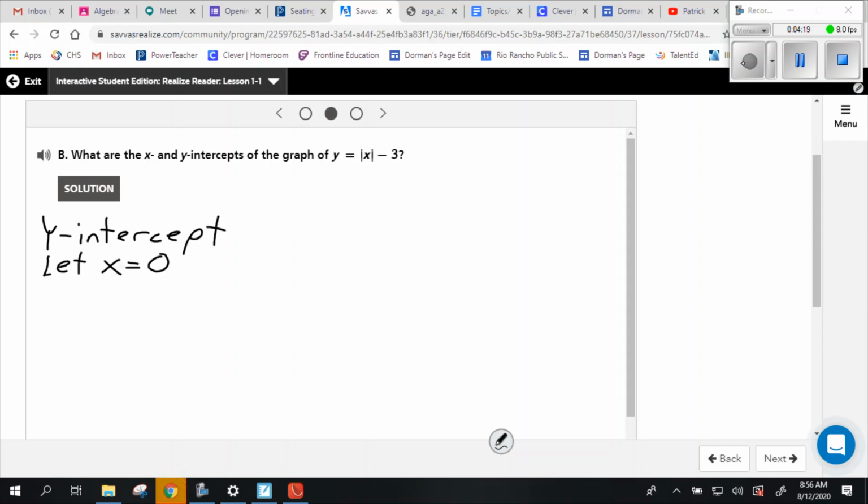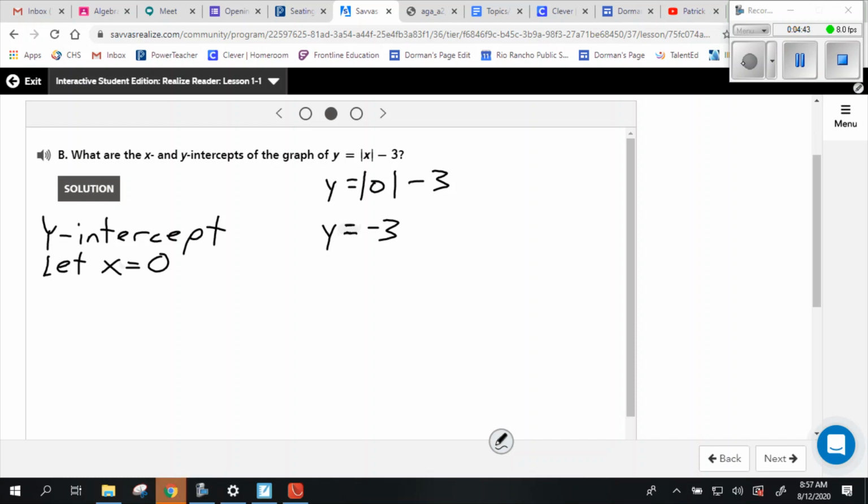Y is going to be equal to, I'm going to substitute 0 in for that absolute value. So what have we got? The absolute value of 0 is 0. So y is negative 3. So that is our y-intercept.